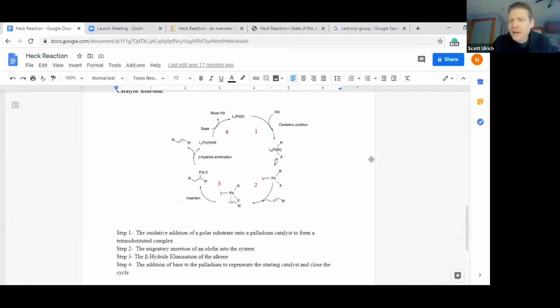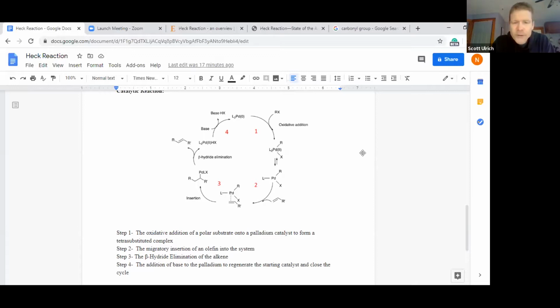That cycle probably looks familiar to a lot of you because they're all basically the same. I know these cycles are weird for you to look at because we don't do these in organic chemistry.